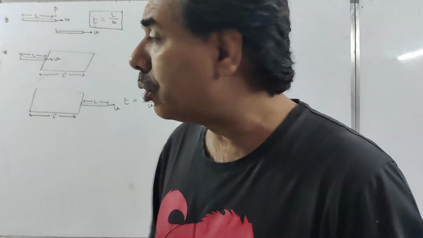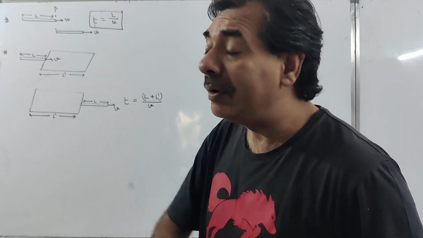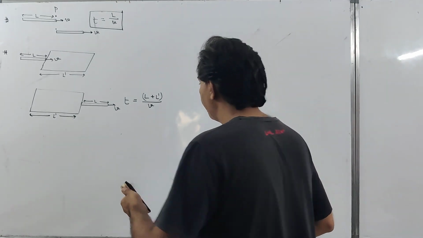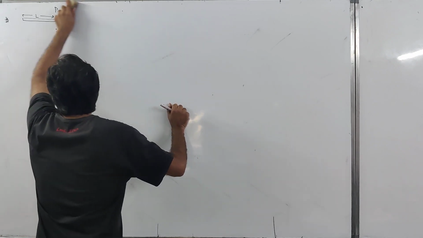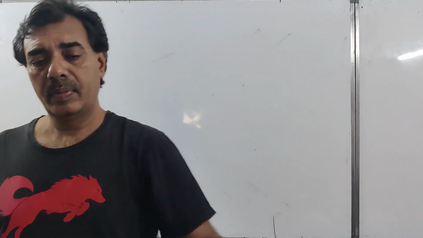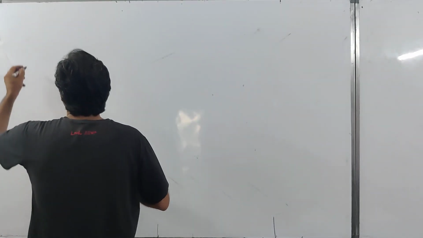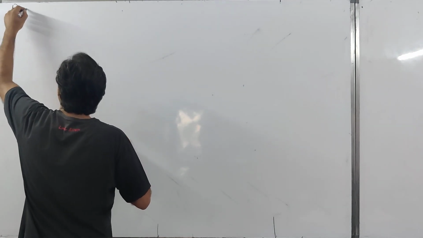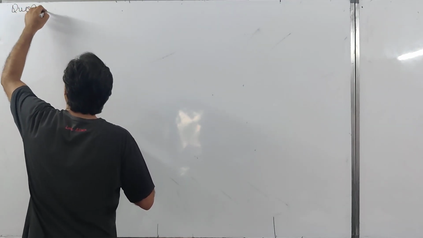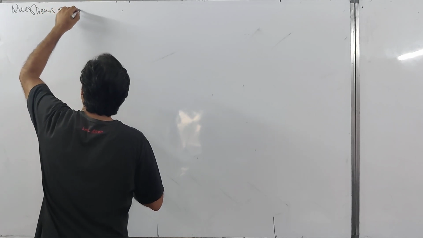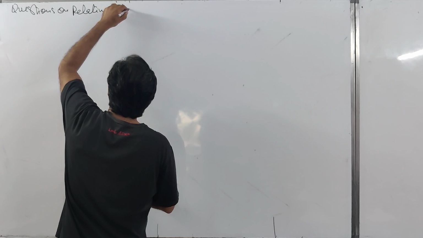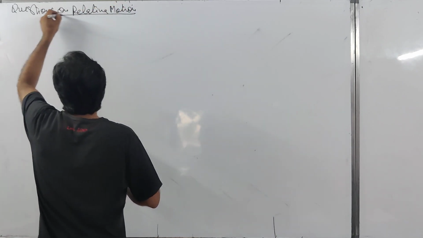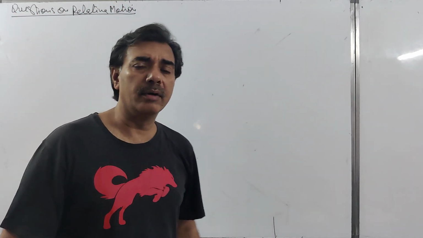Now, in the first question, this is regarding two trains only. How relative speed will help us? Just see. Questions on relative motion. बहुत interesting.